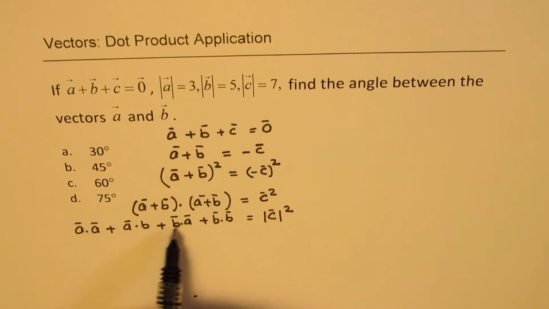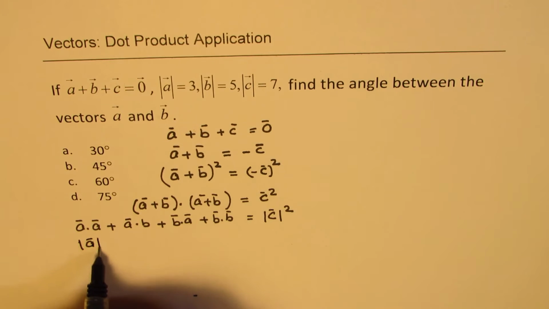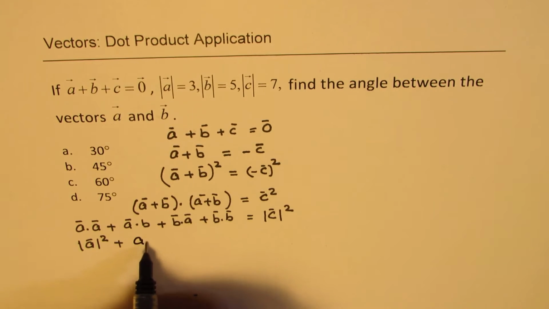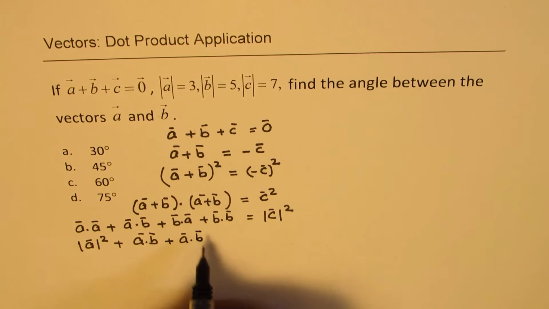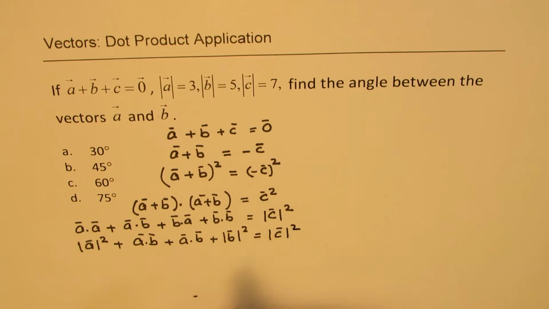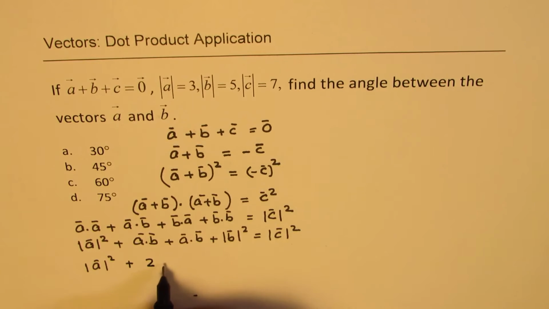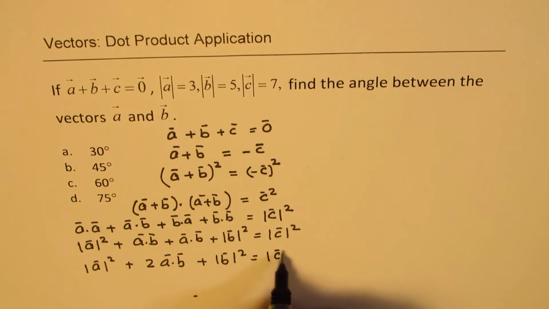Now a dot b and b dot a follow the commutative property, so they add up to 2 times a dot b, right? And a dot a is the magnitude of a square. So that gives you the magnitude of a square plus 2 times a dot b plus the magnitude of b square equals the magnitude of c square, right?